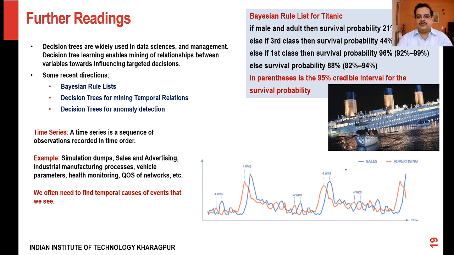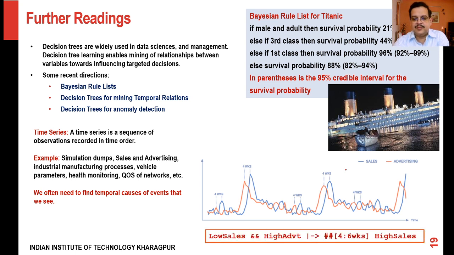In what way does advertising influence the sales? Do they at all have any influence? And then what I want to do is to mine this data and come up with a relationship like this. Like we see that if there is low sales and high advertisement, then after 4 to 6 weeks, we see high sales.